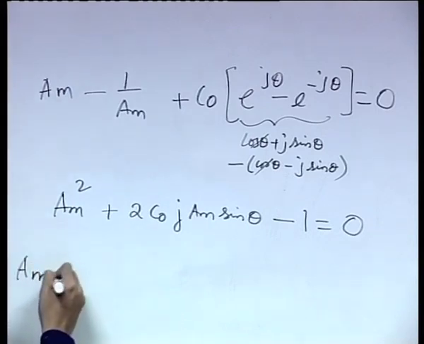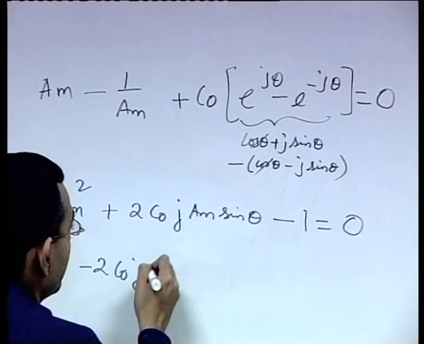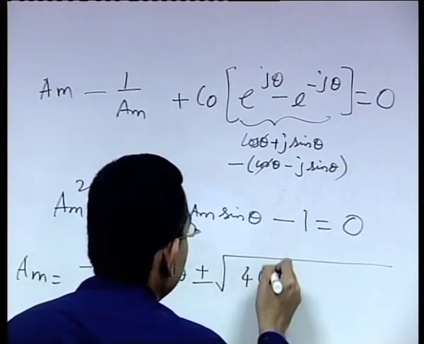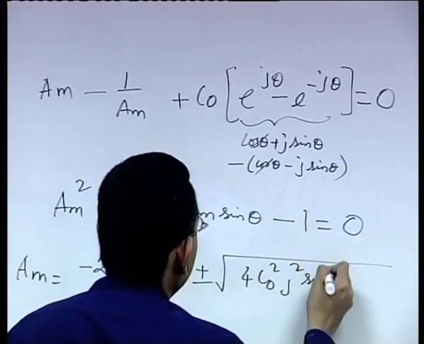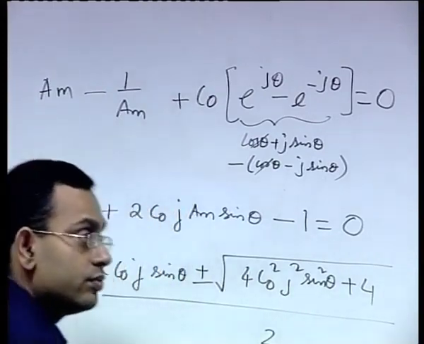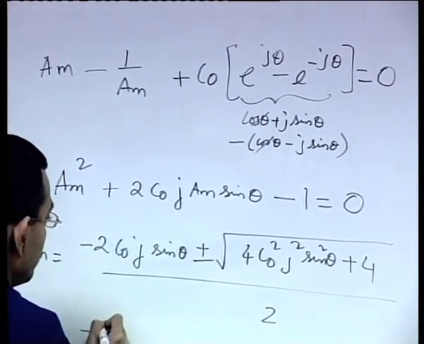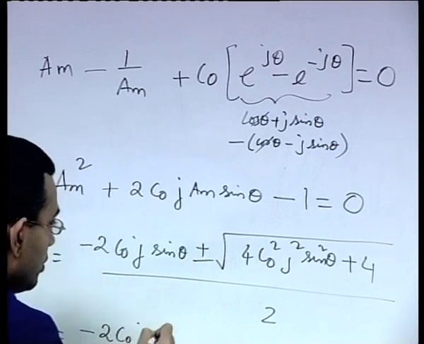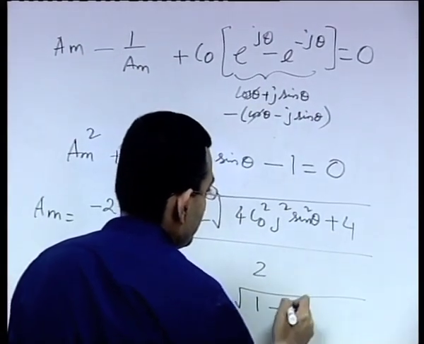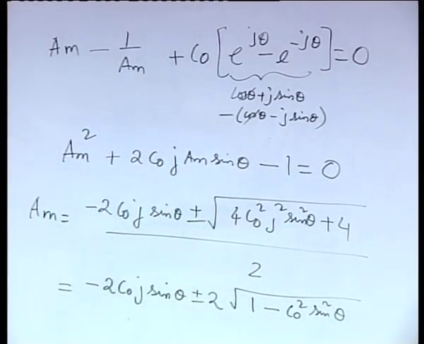So, am is minus 2 c naught j sin theta plus minus square root of 4 c naught square j square sin square theta plus 4, by 2. j square is minus 1 because j is square root of minus 1.